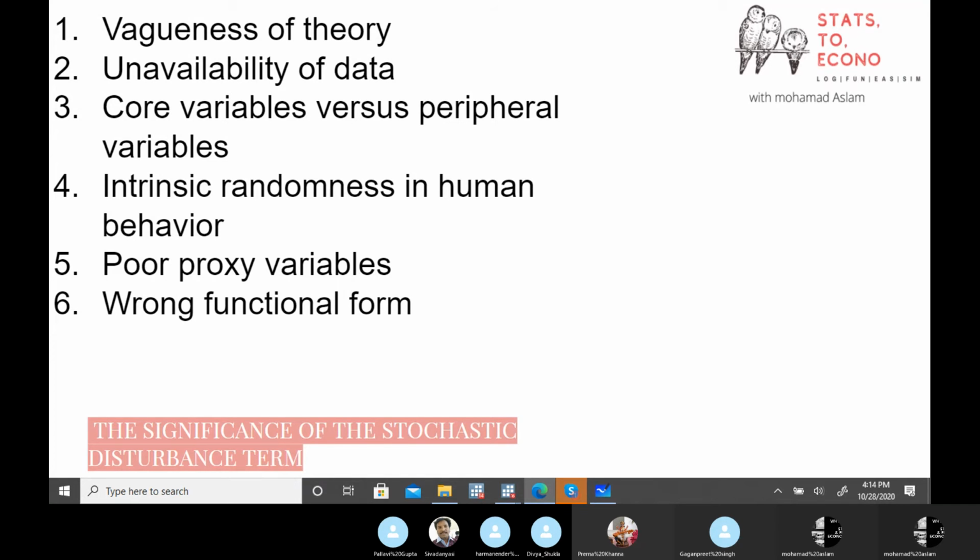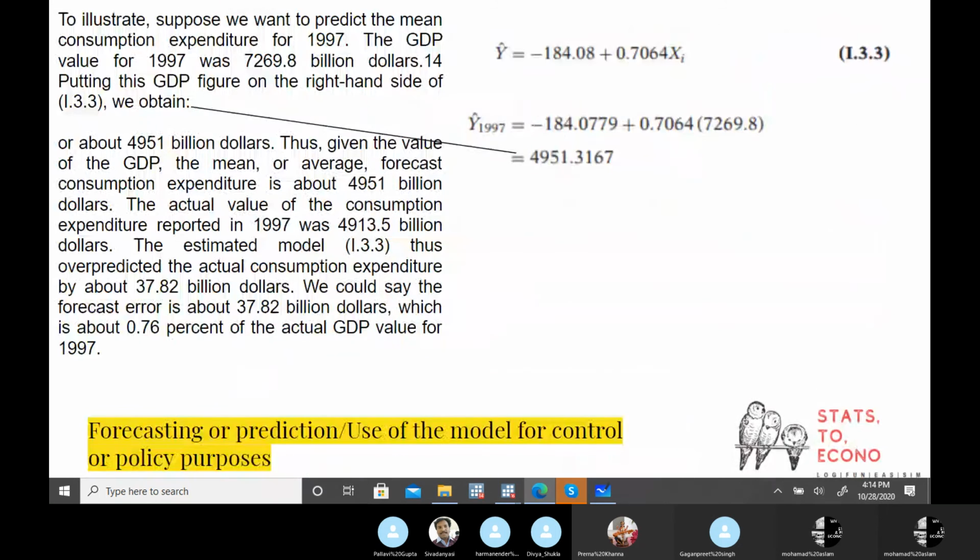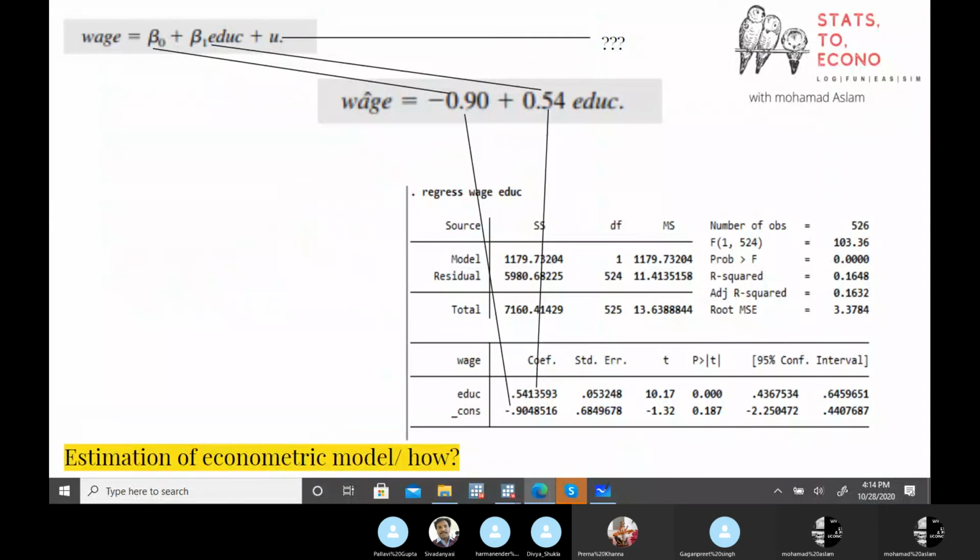Now, the importance of this stochastic disturbance, the error term. First, suppose you don't know some factors. Yesterday we were taking the wage and education model, where wage does not only depend upon education; there are other factors as well.